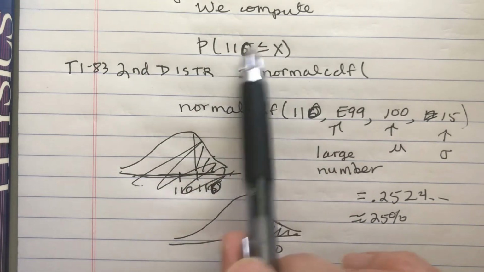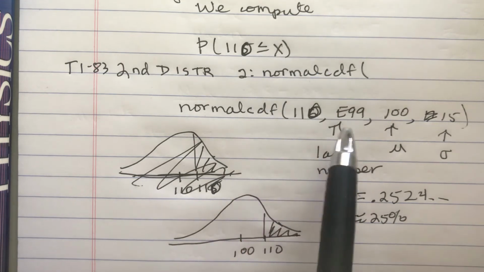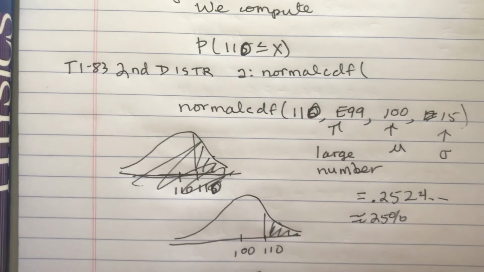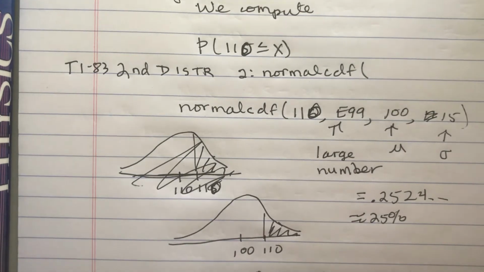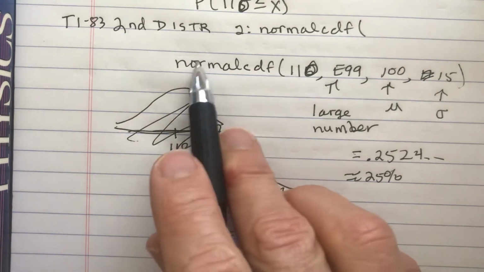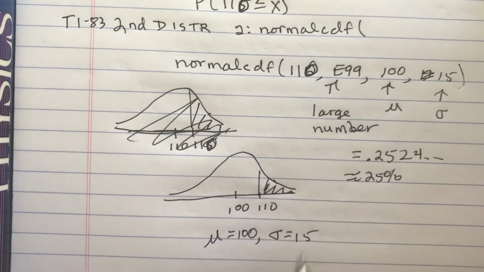So this is just a normally distributed population. The mean is 100. The standard deviation is 15. So if I choose someone at random, what's the probability it's greater than 110? We use the TI-83, plug it in there, get that answer.